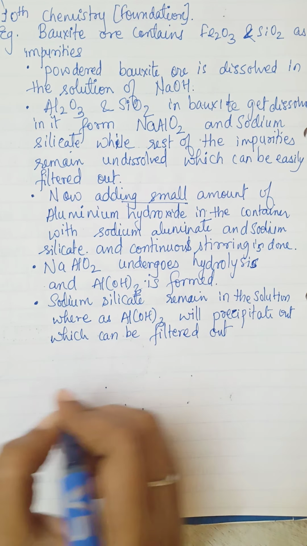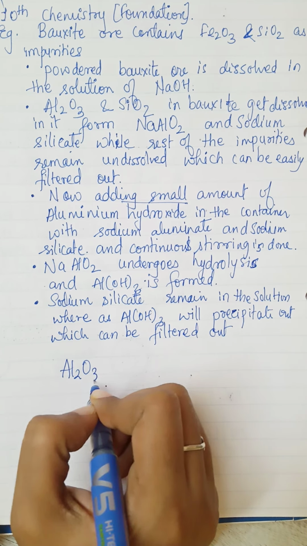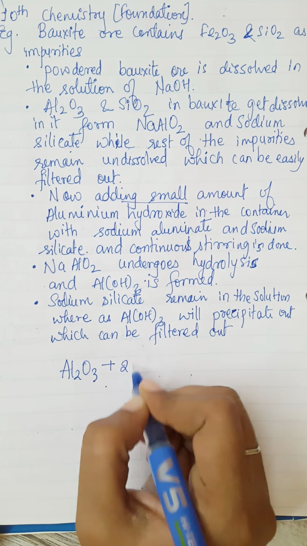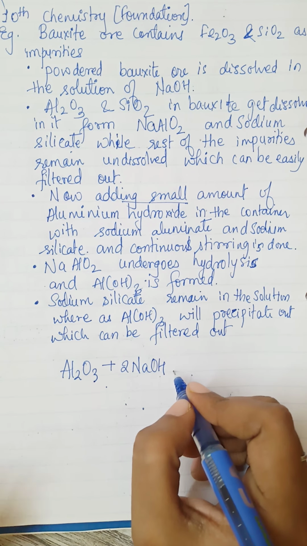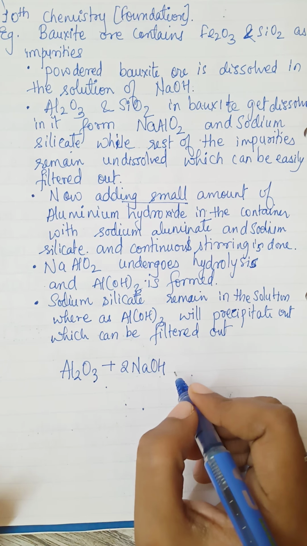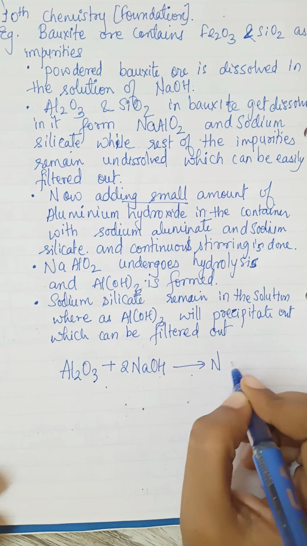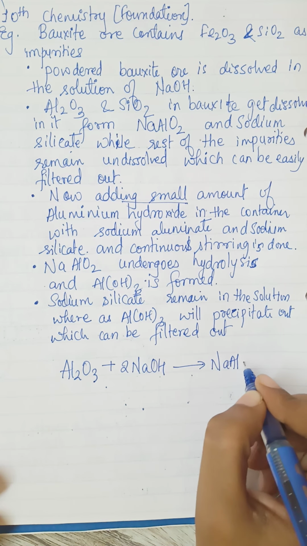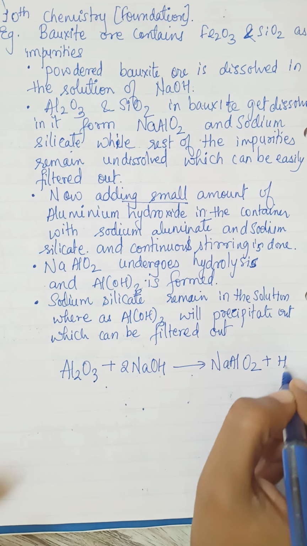So we'll write the reactions. See, we have Al2O3. This combines with sodium hydroxide. Along with this there is also silicate. Now it will form NaAlO2, that is your sodium aluminate, sodium silicate, and water.